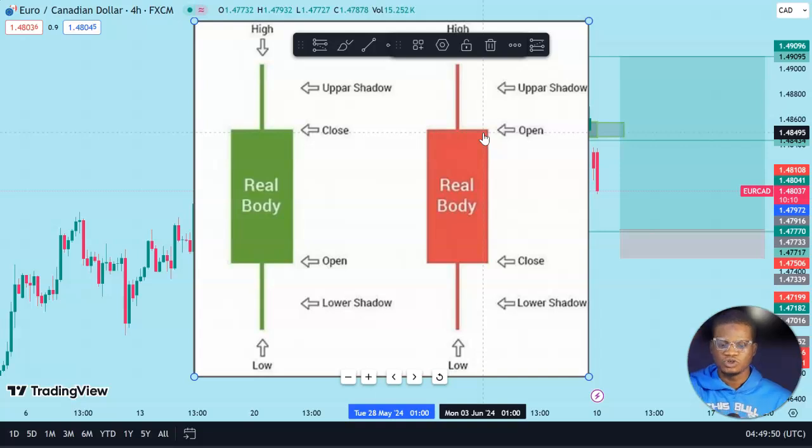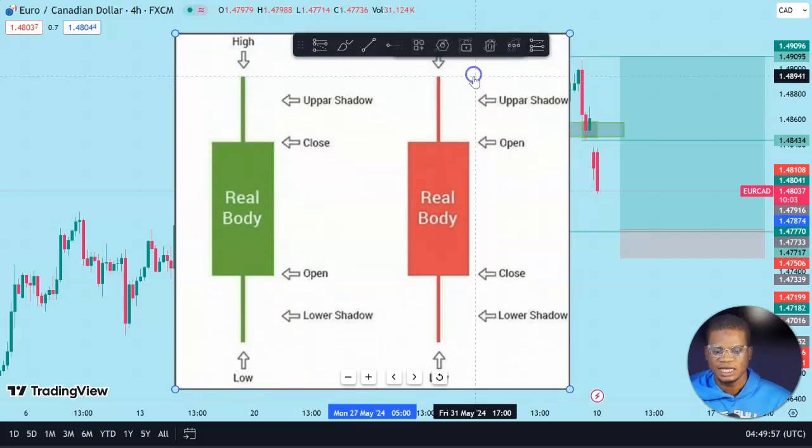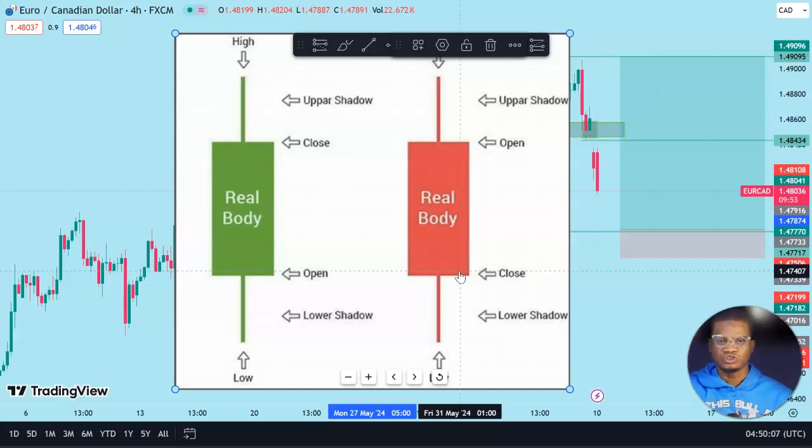It tried to push up to create a high for the movement, which is this, the high of the movement. Then price started dropping, dropped as low as this, and it closed here. So this is telling us that price started at a higher point, tried to push higher, but it could not, and started dropping to the lowest point, and it eventually moved a little bit up and closed at this point, which is the close.